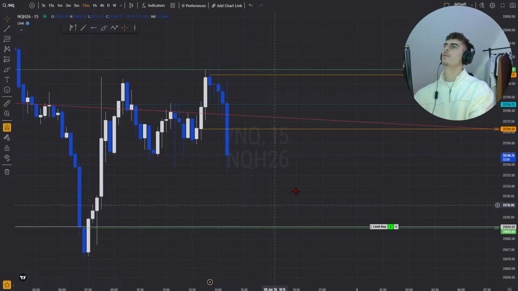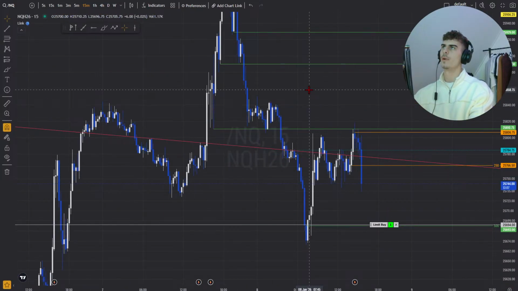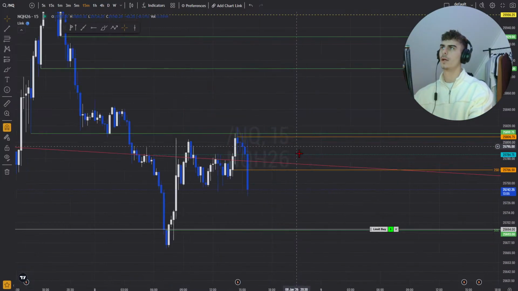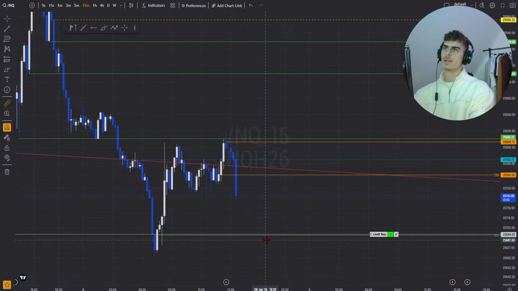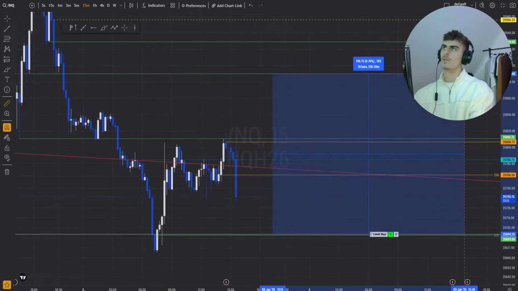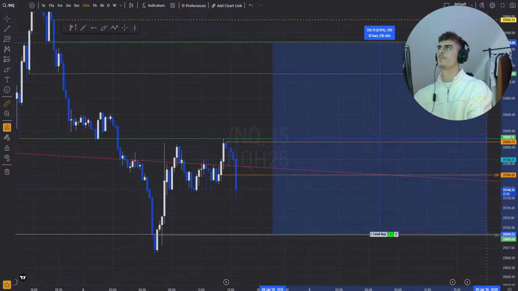I'm actually expecting to hit this and then pull up, try to break the upside over here on the 4 hour. So let's see if we can get here and then move up, and it will be at least 3.5k, possibly 4.5.